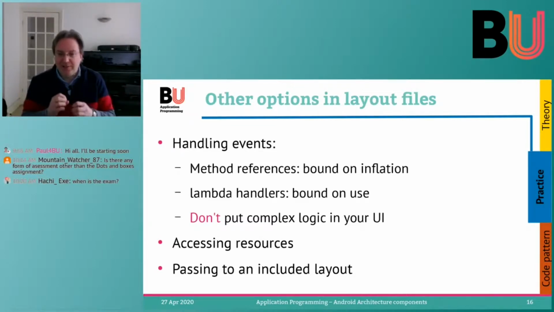Much cleaner than if you have to do all this specific stuff inside your activity or inside a fragment. There are also ways where you can pass a binding or pass stuff to an included layout, etc. If you want to know all the details, there's a lot of documentation available on the website, as I linked in some slides previously.